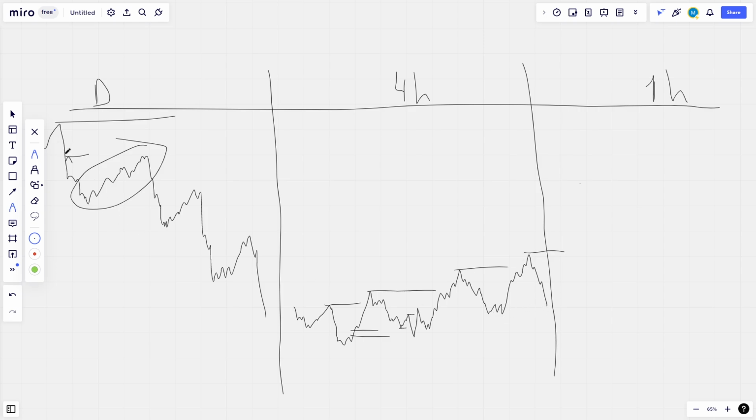Or maybe in the daily chart, we had a fair value gap that market could be reaching into, or equal highs, right? Equal highs that the market was reaching into. And that's what we could have used as targets on the 4-hour chart. I hope I'm making myself clear here.